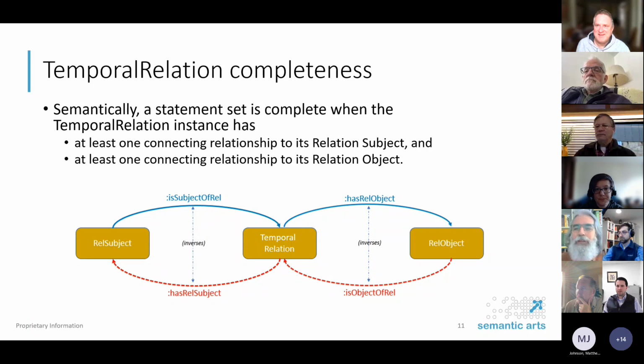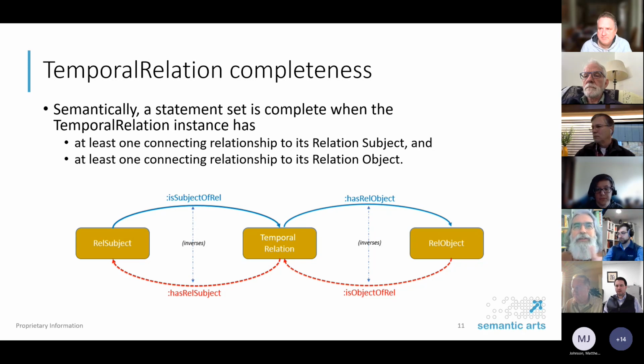Right. In order to prevent cluttering up the slides, I've actually left out the date information. So we just take it as read that somewhere here there's also start and stop date information on the temporal relation.